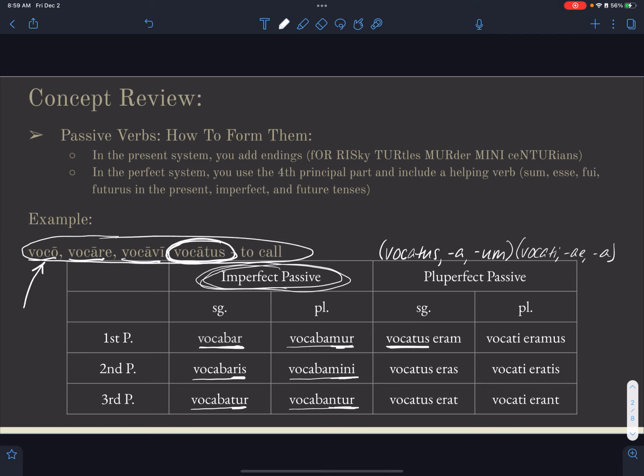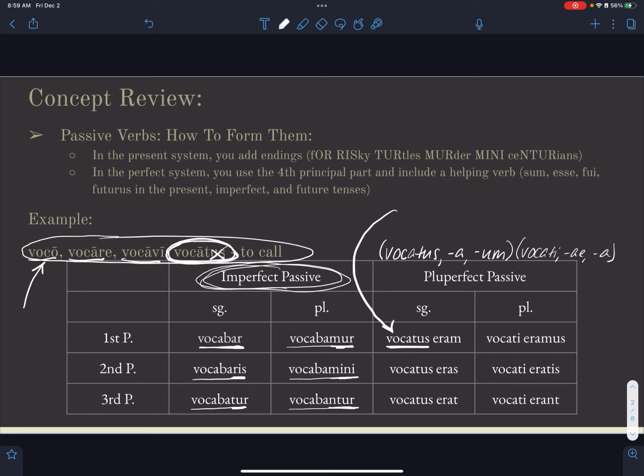That's our fourth principal part, and it's here too. All you have to do is pop off that -us and add your first or second declension endings, and you get that participle we're talking about. That's how you form it. It's pretty easy to recognize.